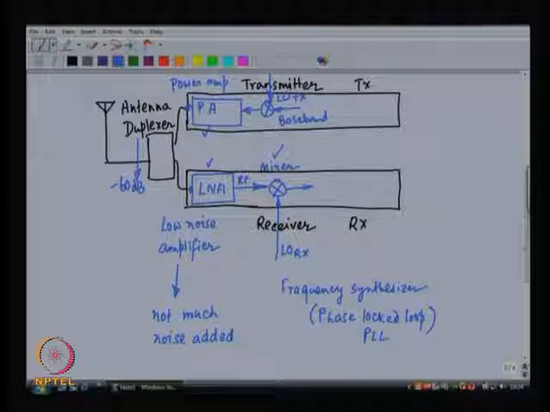Now, if you have studied your communications etc., you would probably know that there are a few more components after or before the mixer. If you are using a heterodyne receiver or a super heterodyne receiver, then between the LNA and the mixer you need an image reject filter.